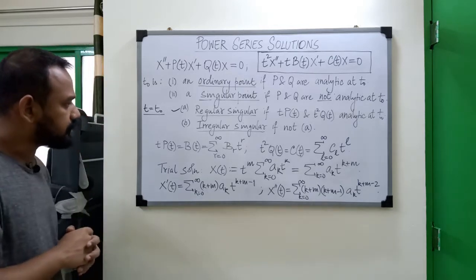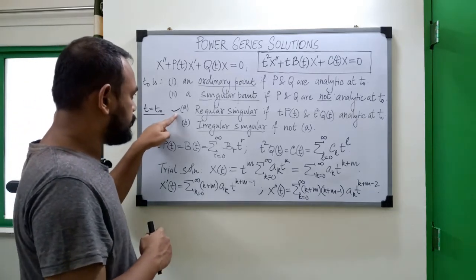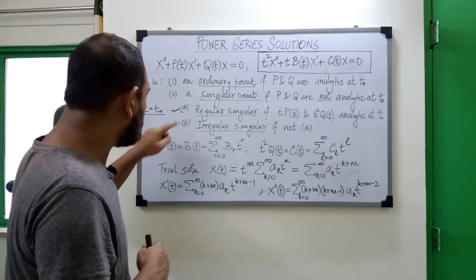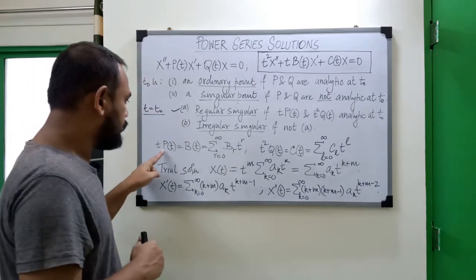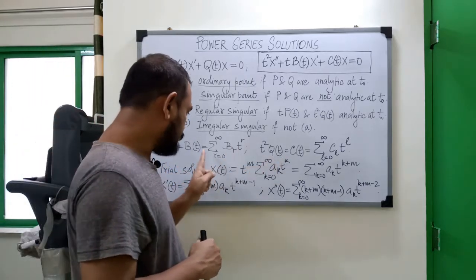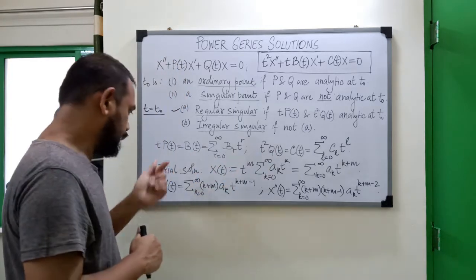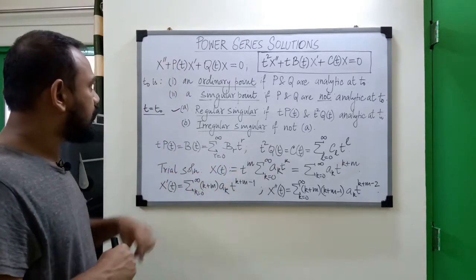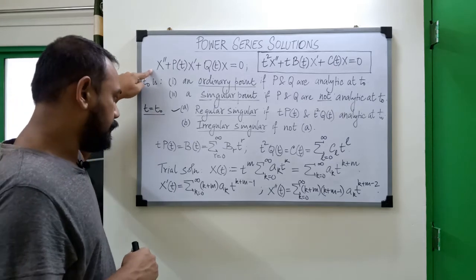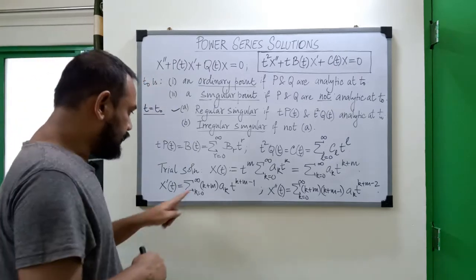Now, for this particular type of problem, once we write down the power series of these two quantities, what works as a trial solution for this differential equation is this one.